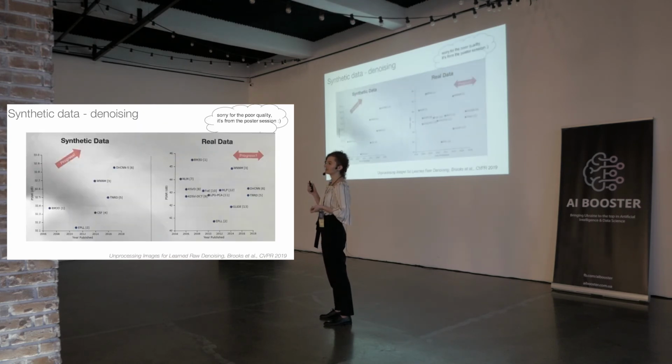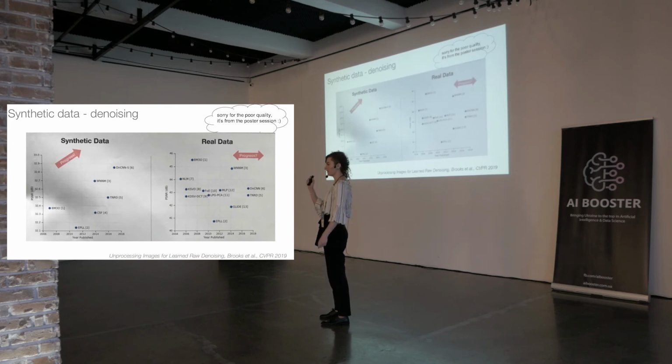If you go for synthetic data in other tasks, like denoising, I haven't found this picture on the internet, I'm sorry. That's from when I went to CVPR this year, a photo of a poster. It's a great work by Google researchers, and they claim that if you use synthetic data for image denoising, imitating the nature of noise with Poisson noise, Gaussian noise or salt and pepper noise, well, in your paper you'll be a really cool guy.